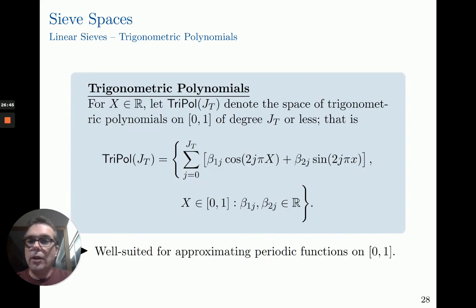Okay? Another function is the trigonometric polynomials. The motivation, for any of you who has a background in engineering, math, or physics, you know about Fourier series, and that's the idea of Fourier series. You are just approximating your nonlinear functions by polynomials.